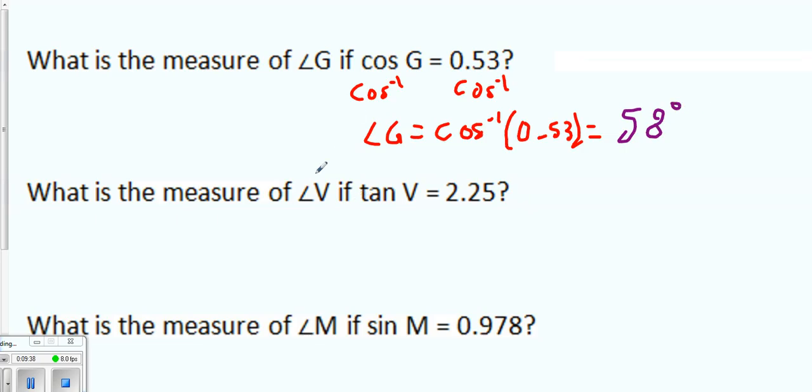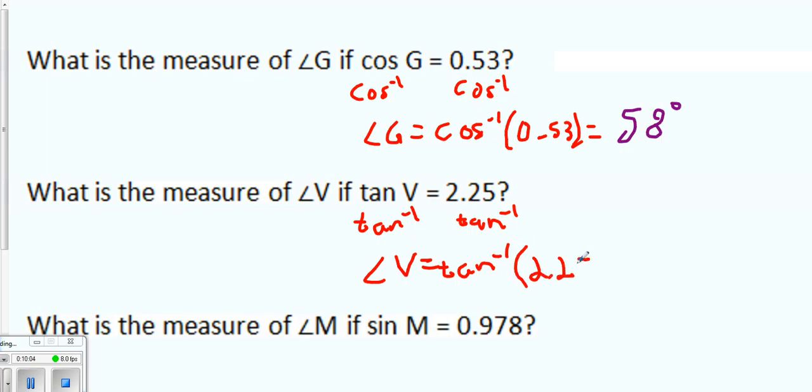What is the measure of angle V if the tangent of angle V equals 2.25? Well, to get rid of a tangent, it's tangent inverse. Just like sine inverse and cosine inverse, you can do a tangent inverse, which means then angle V equals tangent inverse of this amount, 2.25.